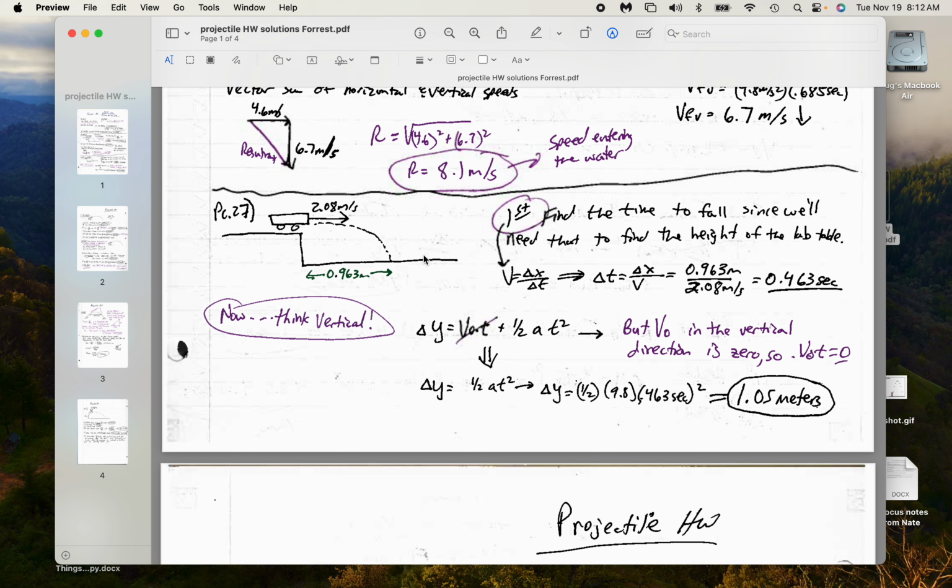Similar type of thing. You have something leaving with a known speed, 2.08 meters per second. It says that this thing hits the floor 0.963 meters away. So essentially now you need to think about the time that it's in the air and then figure out the vertical height here. So we're kind of working backwards. To find the time to fall, actually this time we need horizontal information.